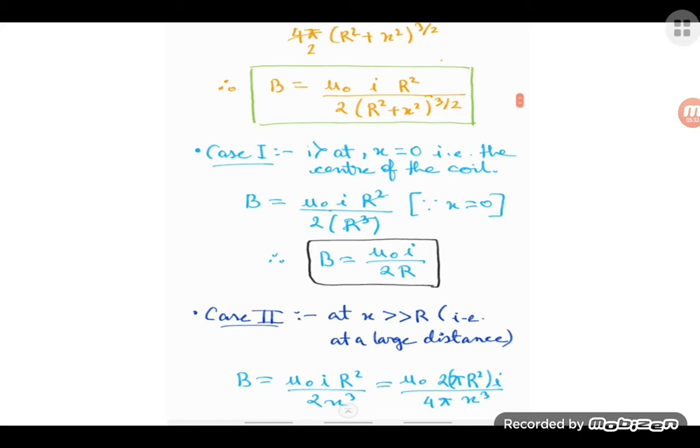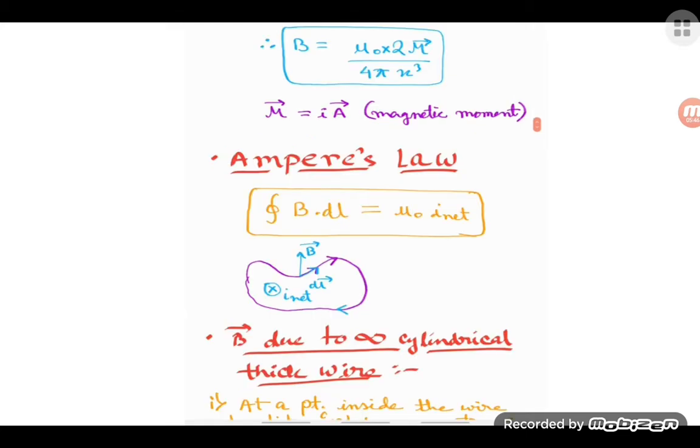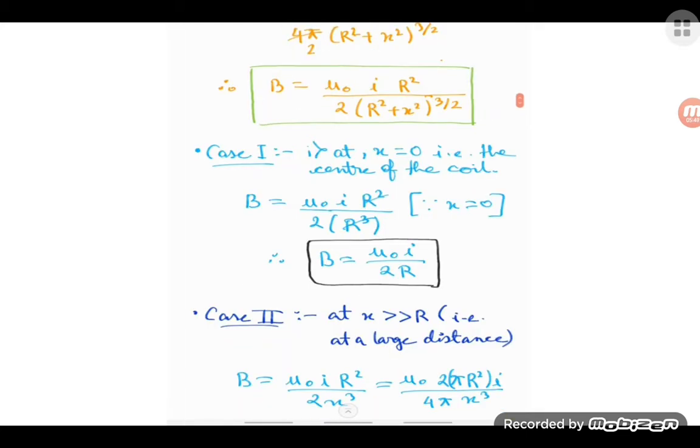At the center, in this formula if we put x equal to 0, then the whole 3 by 2 power gets cancelled and it becomes r cube. That is why the answer comes to be mu naught I upon 2r. Then the next case is at x greater than r, that is at a large distance, which means you can consider infinity.